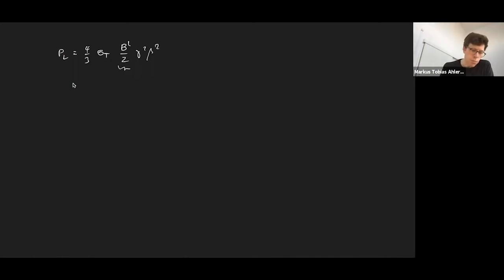And this combination B squared over 2 is basically the energy density of the magnetic field. So the final expression is 4/3 Thomson cross-section, energy density of the magnetic field times gamma squared, beta squared. Yeah, so this is power. That means that this is essentially the energy loss of the electron in time.